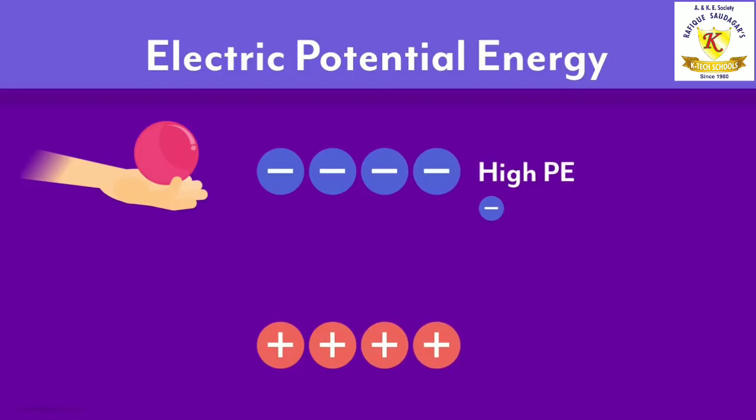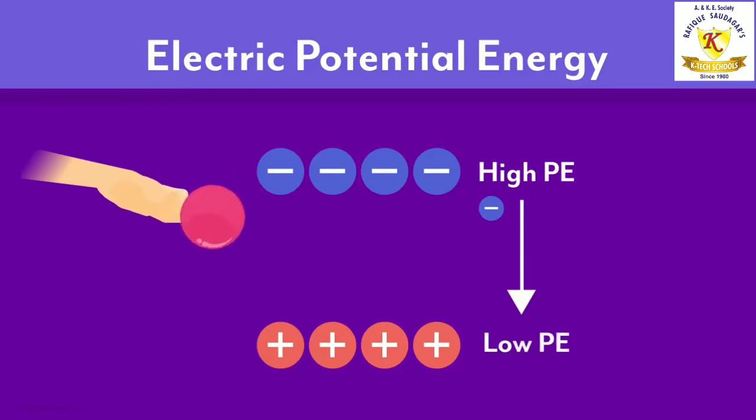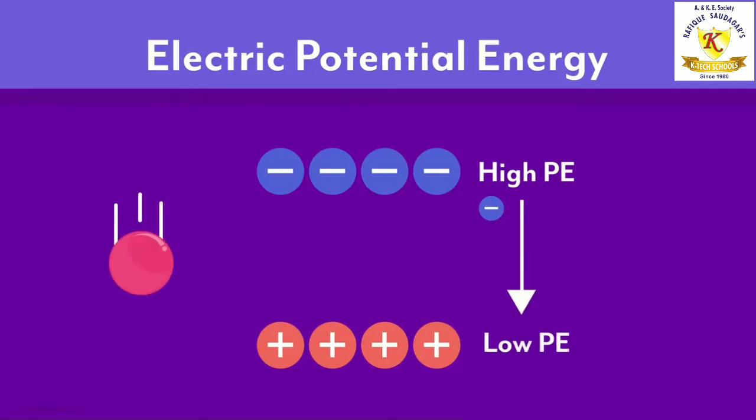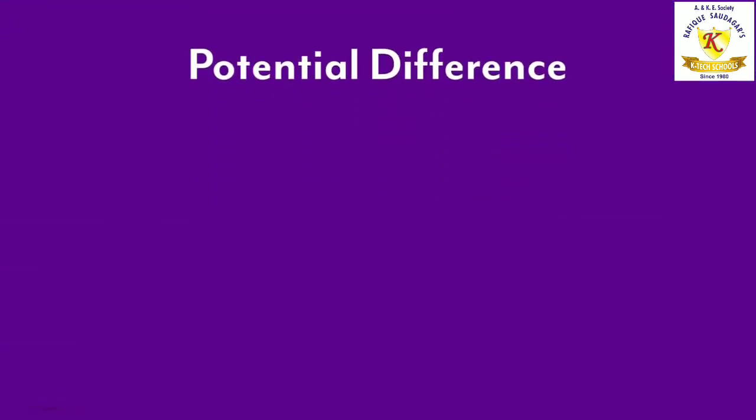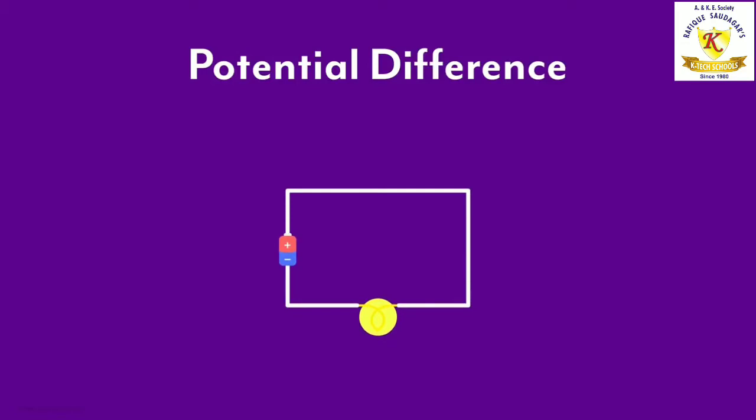If left free, the charge will be repelled by the negative charge and will move towards the positive charge, just like the ball will fall towards the earth. What's potential difference then? It's just the difference of electric pressure between 2 points, and this difference may arise from the battery consisting of a cell.